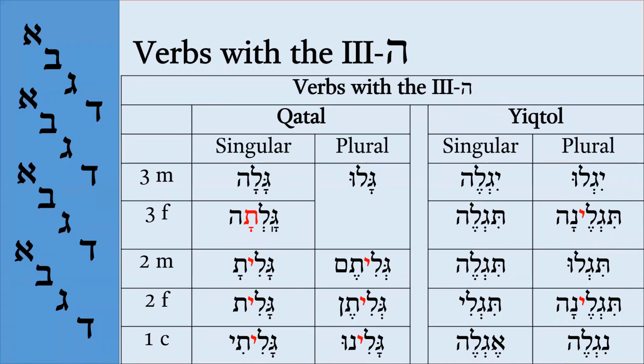So they have some other changes. And you will see that the verbs with the third hey are really different. We already saw that in some cases the third hey is such a weak letter that it tries to escape from the root. So it just drops in some cases.